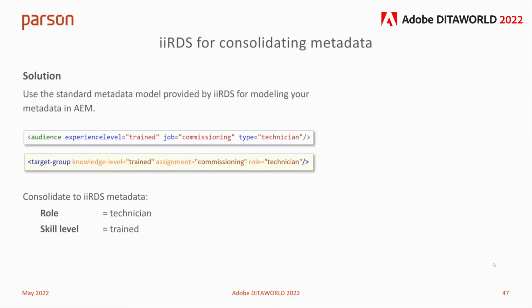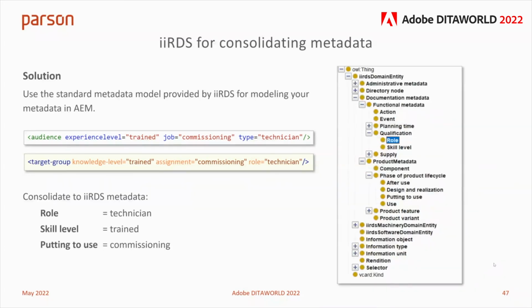So you would use the role, you would describe the skill level, and the putting to use class. That would be role, skill level and putting to use. And that way, modeling your metadata according to such a standard will make it much easier to integrate and consolidate your content from different sources in AEM and make your metadata model much more robust.